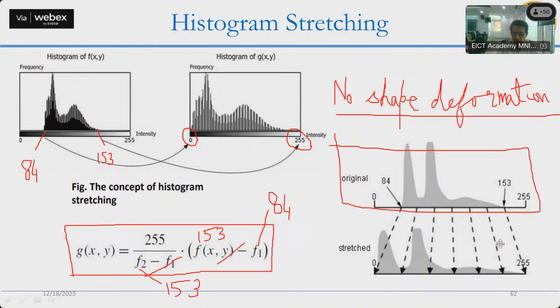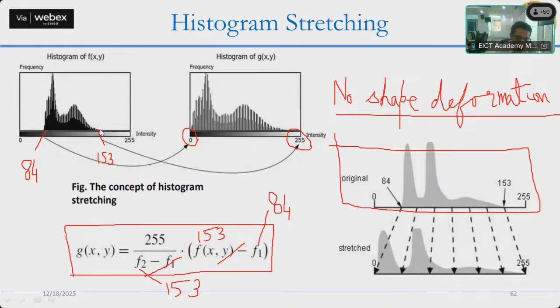Pravesh asked why fxy is 153. Please note it here, Pravesh. fxy is 153 only in this last case. The fxy value is the intensity value, which initially was 84 and at the last point was 153.